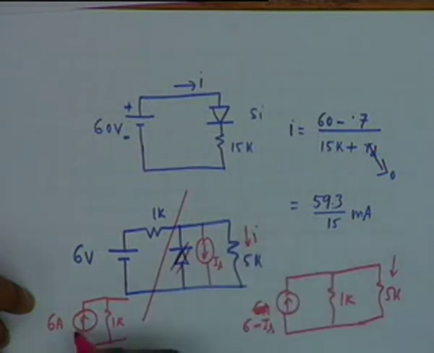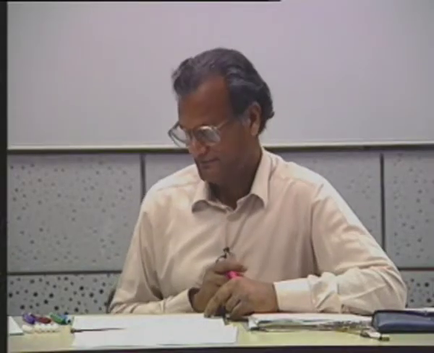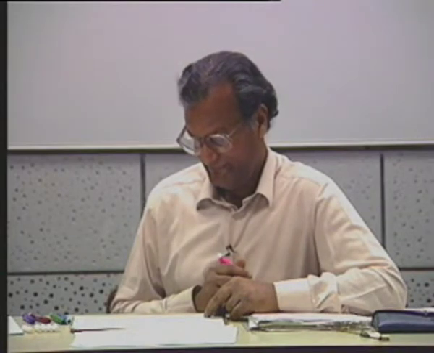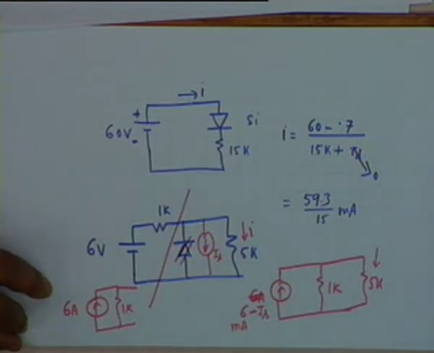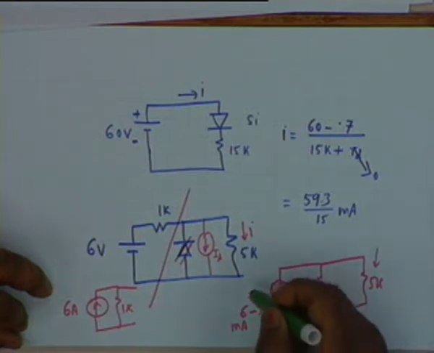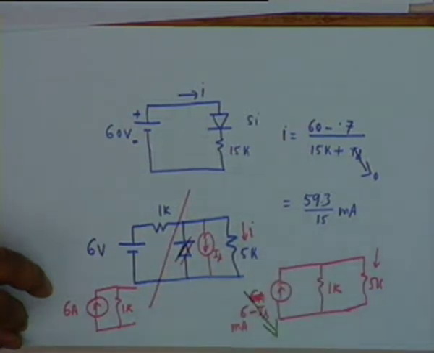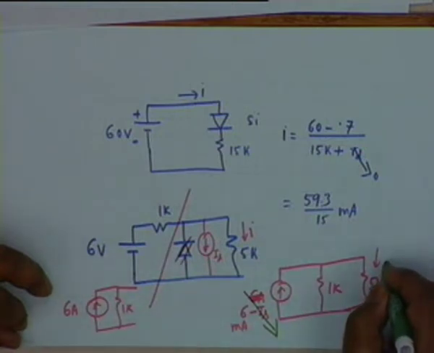This current goes down, so 6 minus IS. 6 milliamperes? Yes, that is correct. 6 milliampere minus IS. IS is of the order of micro, and therefore the current shall be controlled basically by 6 milliampere, and you can show that this would be, how much would this be? 1 milliampere.